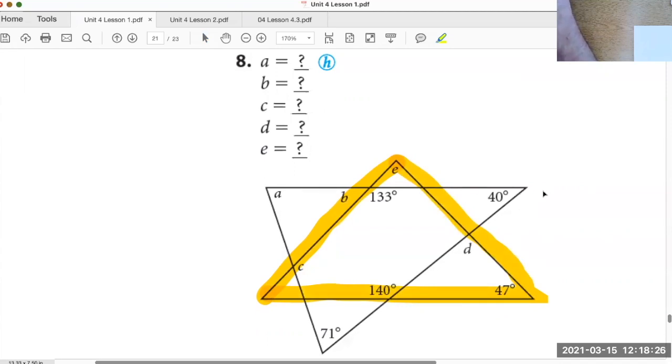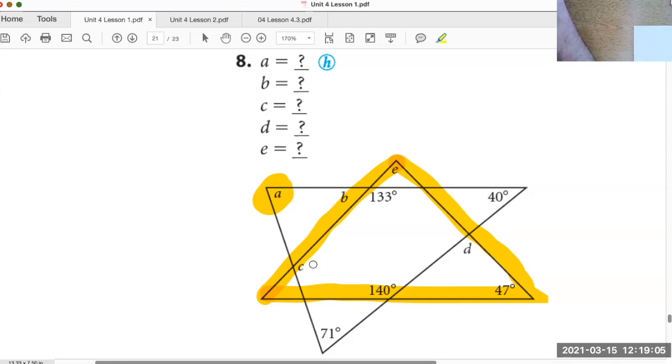Now this second one, the second larger triangle, note that it has angles 71 degrees, 40 degrees, and then this one, A, is not yet known, but you use the triangle sum conjecture that says that 40 plus 71 plus A equals 180. You can quickly solve for A. And then seeing that B and 133 are a linear pair, you can solve for B. Once you know that information, you have A, you have B, you know this angle, that's a linear pair with C. You can find out what C is, and it's sequential.